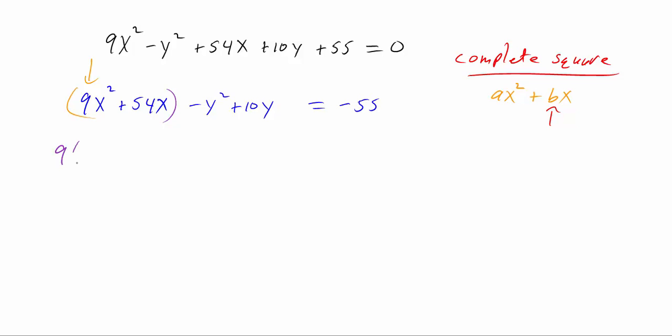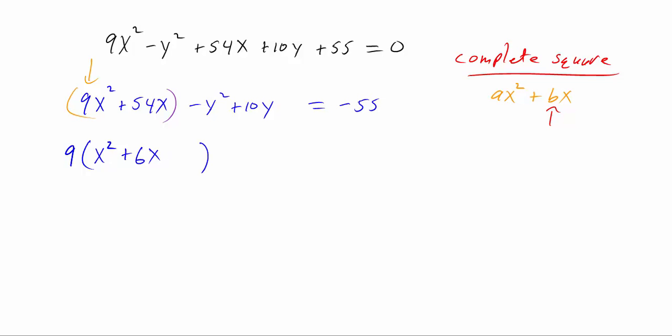So factoring out the 9, we'll be left with x squared, and 9 into 54 would be 6, so we're left with 6x. And I'm going to leave a little bit of space here for the parentheses because we want to figure out what we need to add on for this trinomial so that it is a perfect square.